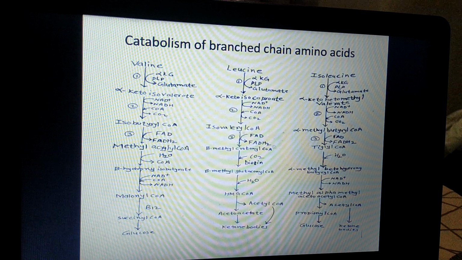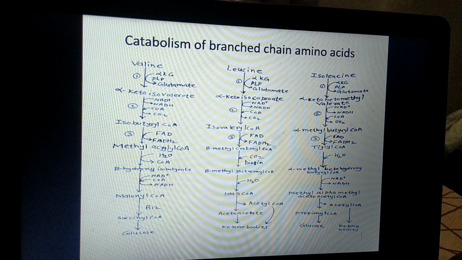In case of leucine, in the fourth step, carboxylation takes place. Beta-methyl crotonyl CoA is converted into beta-methyl glutaconyl CoA. Just like other carboxylation reactions, it requires coenzyme biotin. Then hydration occurs, and in the next step, beta-methyl glutaconyl CoA is broken down into two compounds, that is HMG CoA and acetyl CoA.